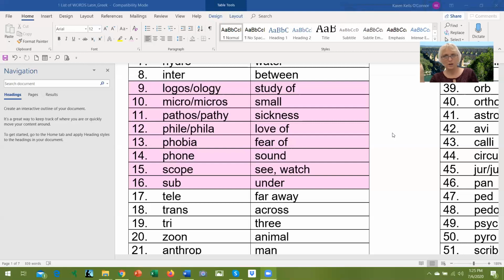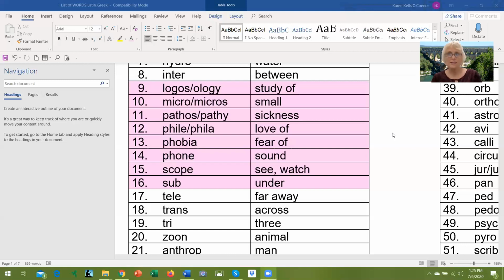Biblio means book. We'll have that word later. So if you are a bibliophile, which I'm sure you are, it means you love books. Philosophy is love of wisdom. Another really good one, you might have heard someone referred to as a francophile. A francophile is someone who loves everything French, everything having to do with France.